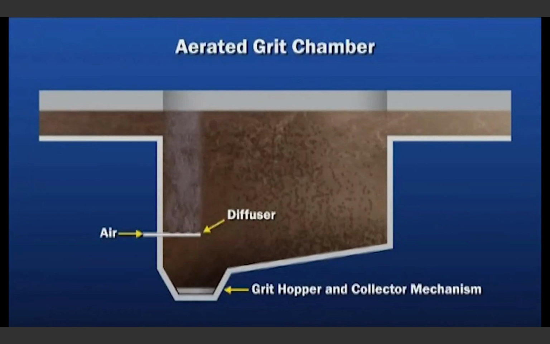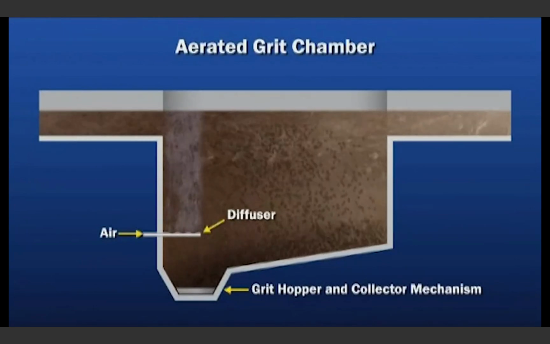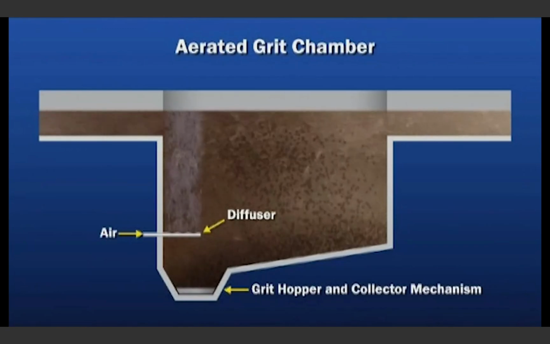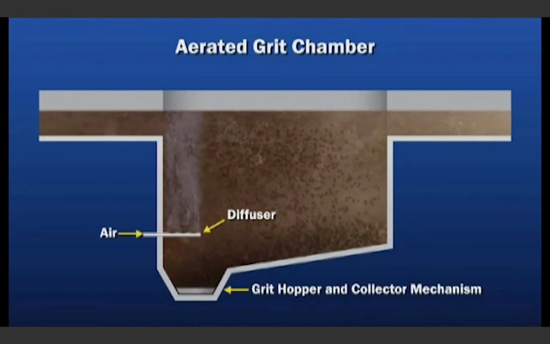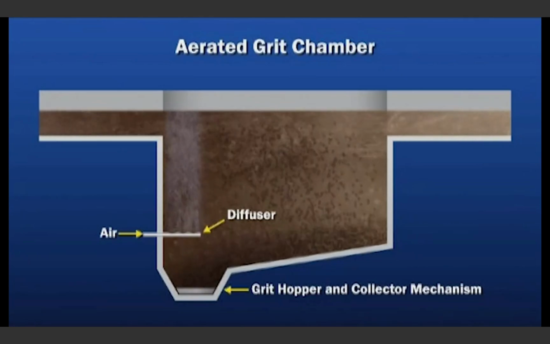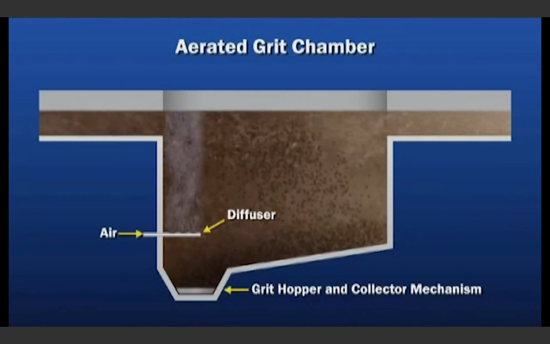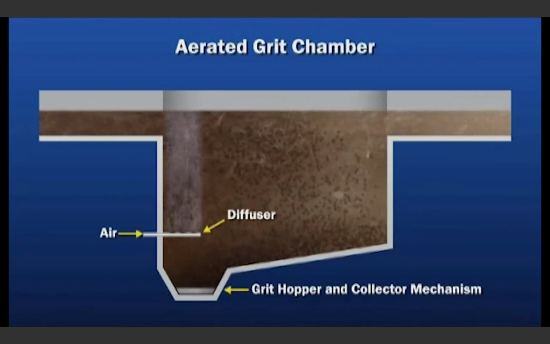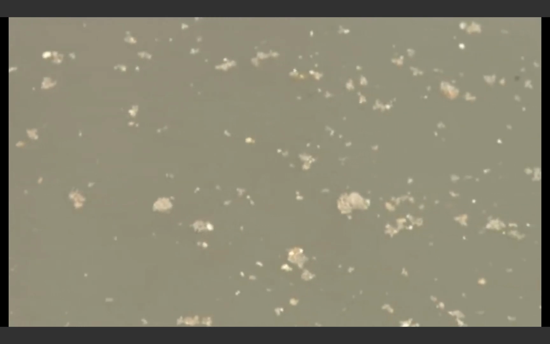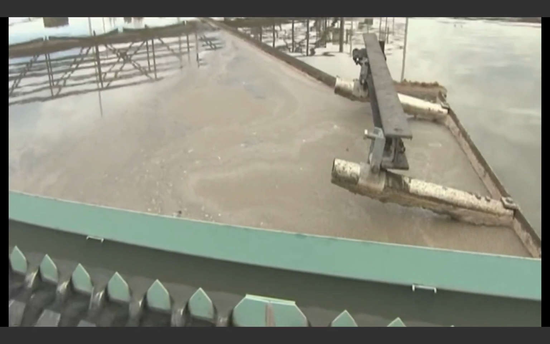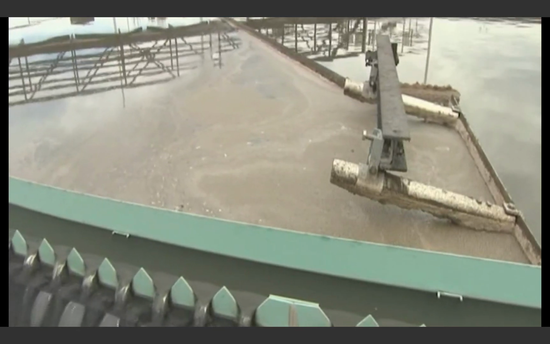Grit chambers are designed to slow the influent flow enough to allow gravity settling of the heavier grit, gravel, and sand particles. The grit is removed from the bottom of the grit collection chamber, dewatered, washed, and conveyed to a disposal site. Floating particles, often plastics, and scum are skimmed from the top of the basin, while the lighter weight constituents remain in suspension.